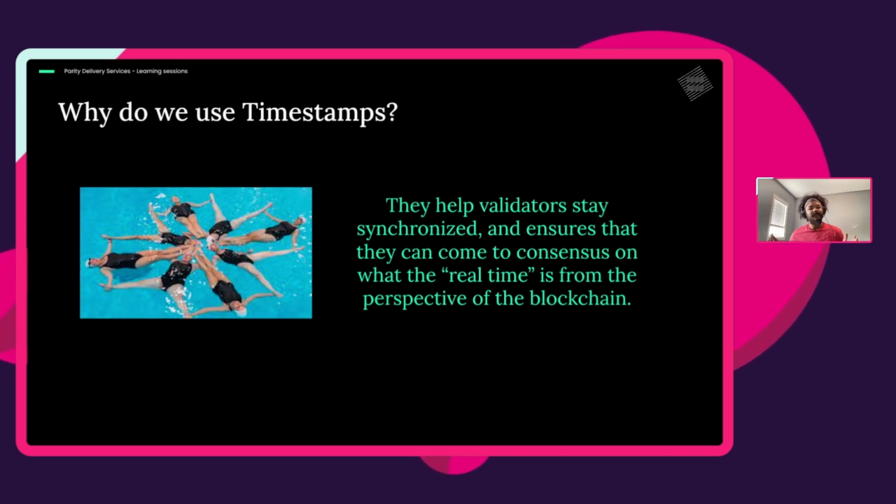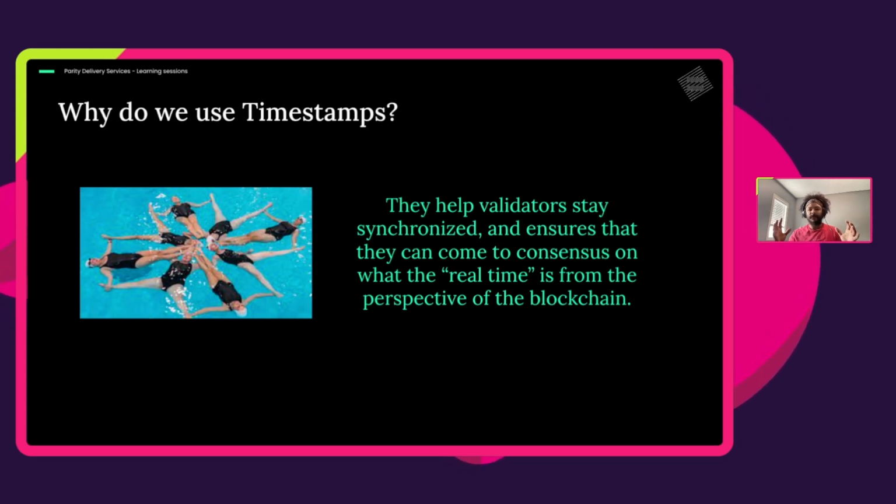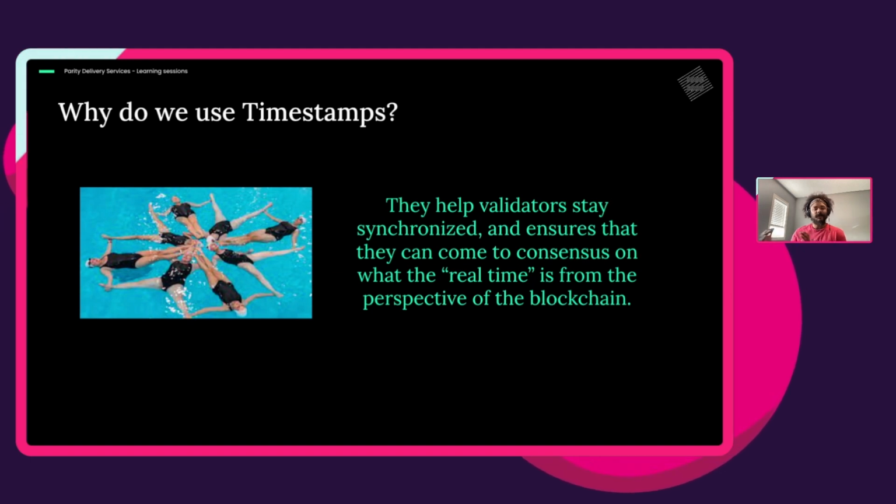There is some latency that happens, and for this reason, it becomes difficult to make sure that everybody is looking at the blockchain with the same perspective. And so timestamps help keep everybody agreeing on what the real time is, at least within the perspective of the blockchain.